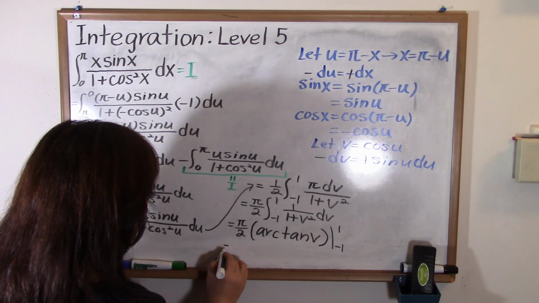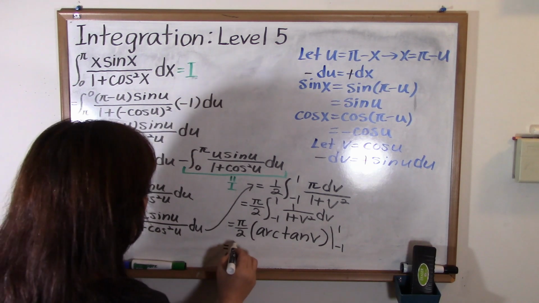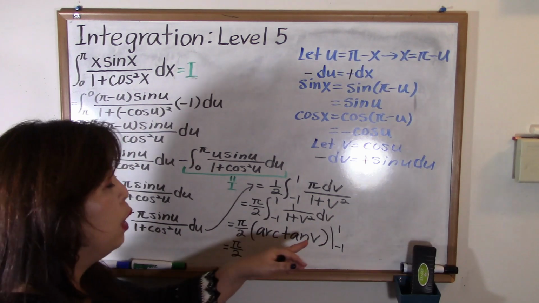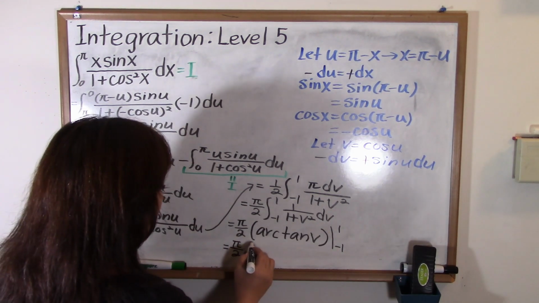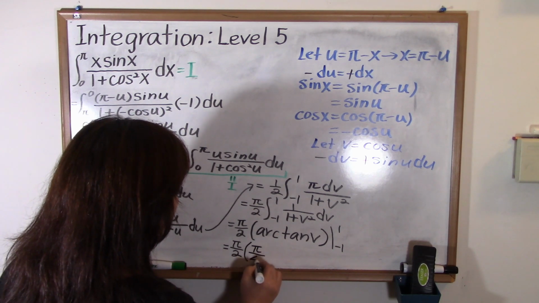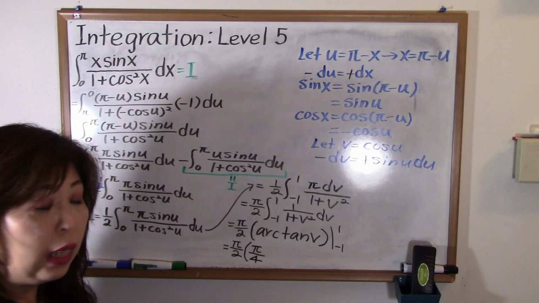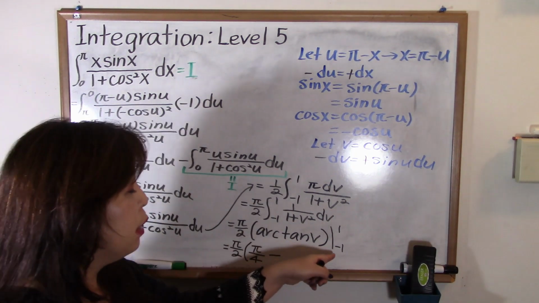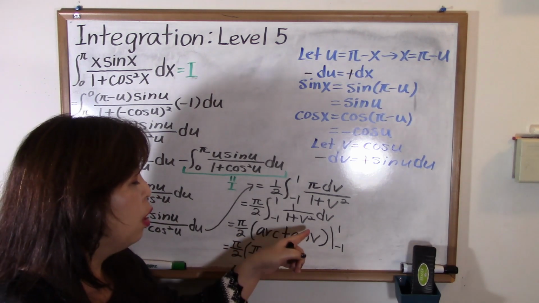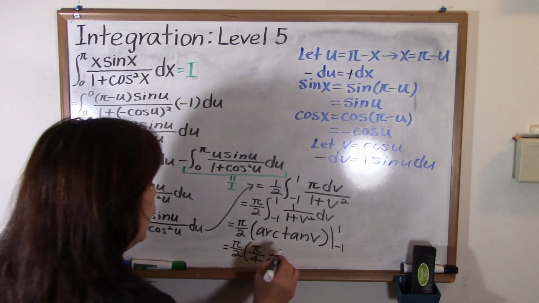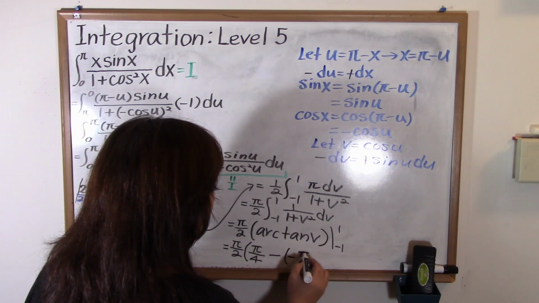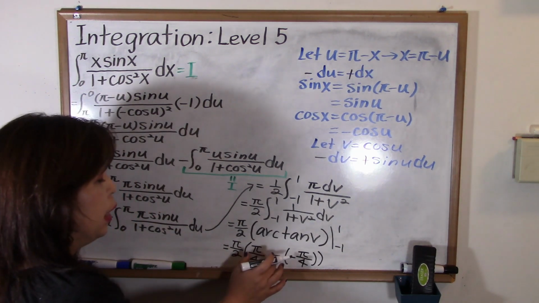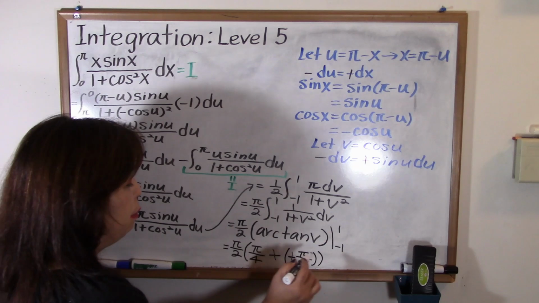So is equal to pi over 2 arctangent of 1 is pi over 4. Okay? And then arctangent subtract. And we're going to plug negative 1 into v. So arctangent of negative 1 is negative pi over 4. So this is negative and negative. It's going to be positive.